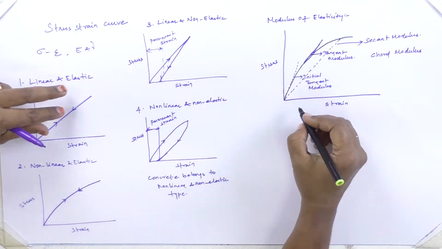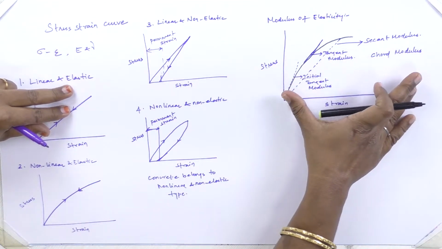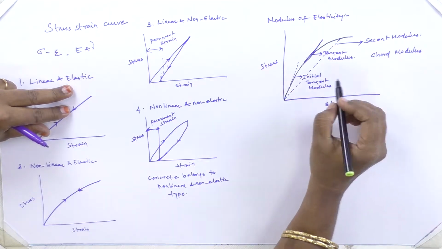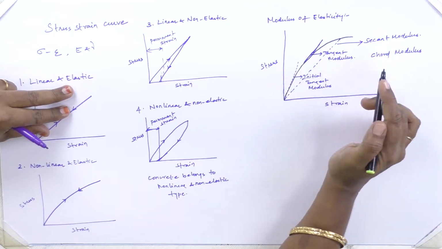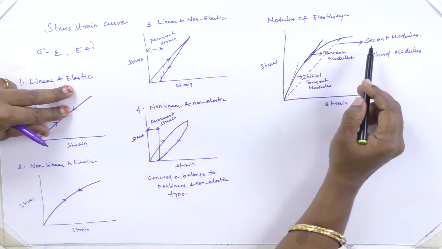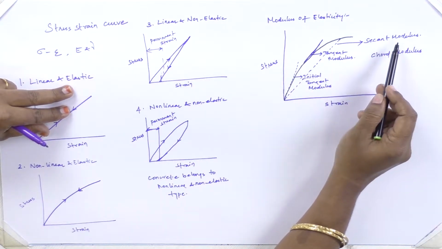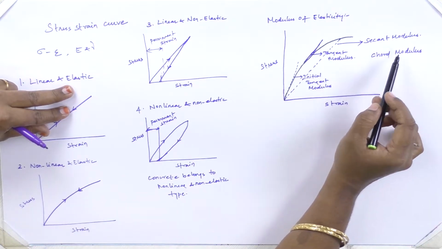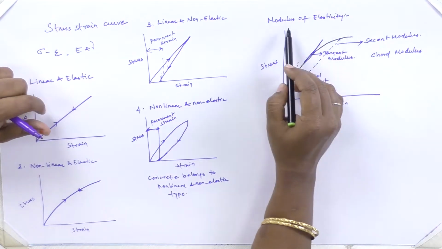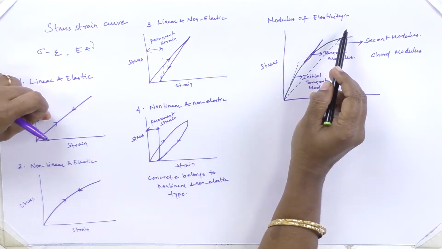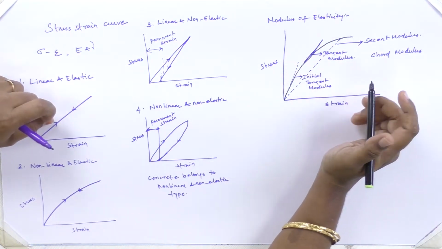So, this is why we stated that the modulus of elasticity for concrete can be measured in different ways, and this secant modulus is the one which gives the approximate values of modulus of elasticity for concrete.